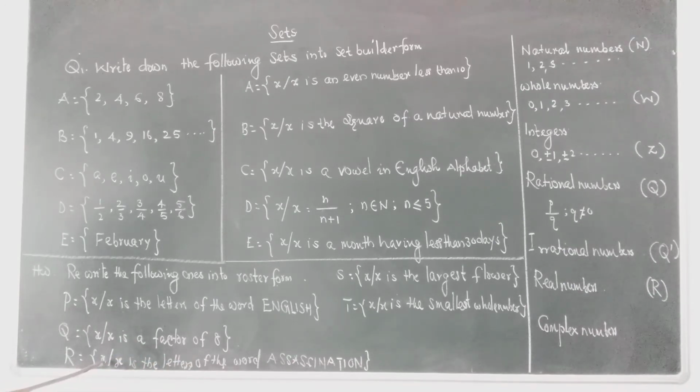R is equal to the set of x such that x is a letter of the word assassination. S is equal to the set of x where x is the largest flower in the world. T is equal to the set of x such that x is the smallest whole number. So make a study over these questions, revise once more for tomorrow, and be present for tomorrow's class. Thank you. That's all.